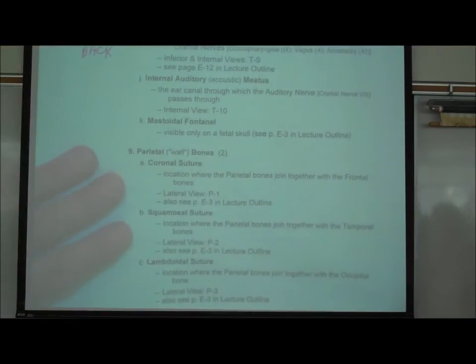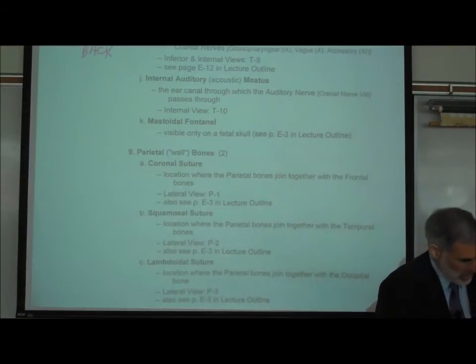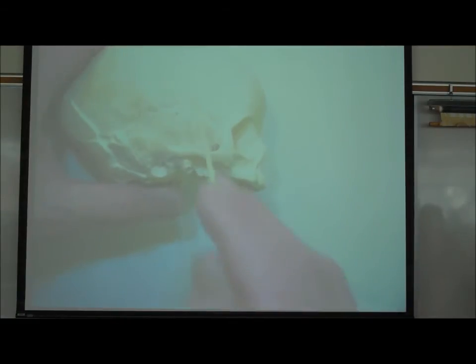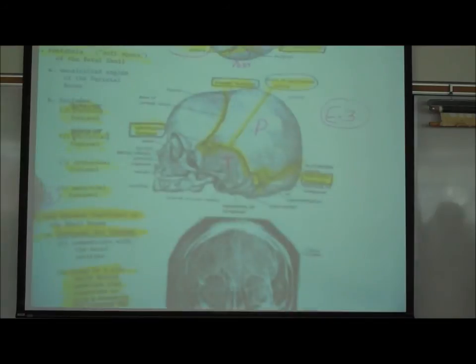It doesn't connect. Then the mastoidal fontanelle is one of the soft spots on the fetal skull. So I'll just remind you that in terms of the fetal skull, we had a sphenoidal fontanelle and a mastoidal fontanelle, and you can see pictures of this in our lecture outline, E3.